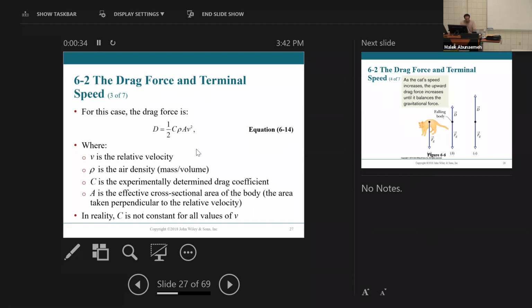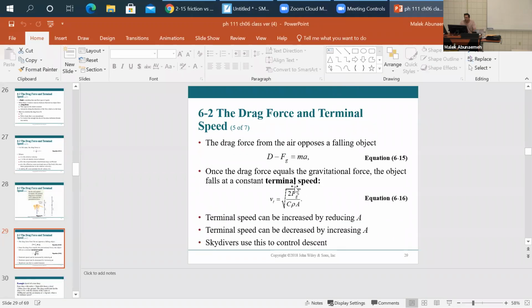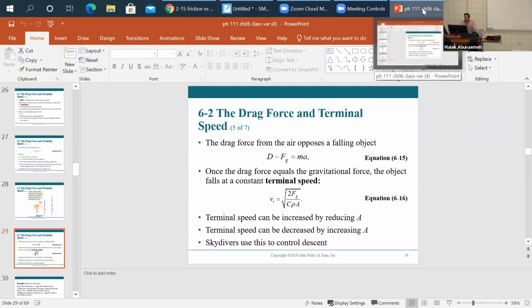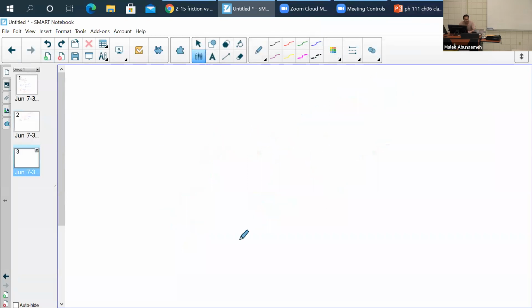Now, the drag force from the air opposes the falling object. So go ahead and write this down.